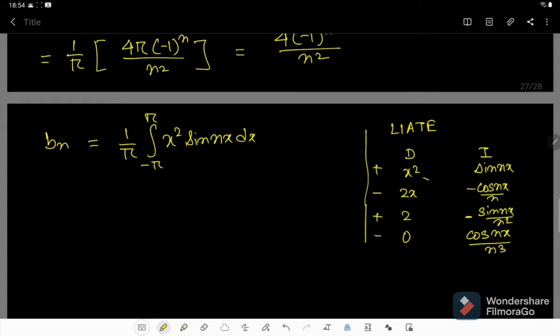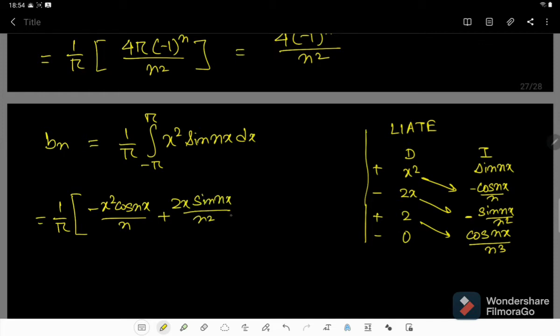So, this and this is equal to 1 by pi, minus x square of cos of nx by n plus 2x sin nx by n square and 2 cos nx by n cube.